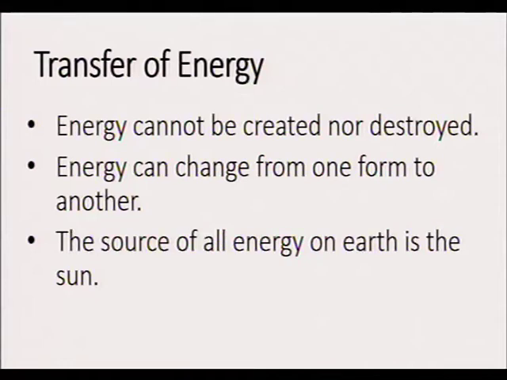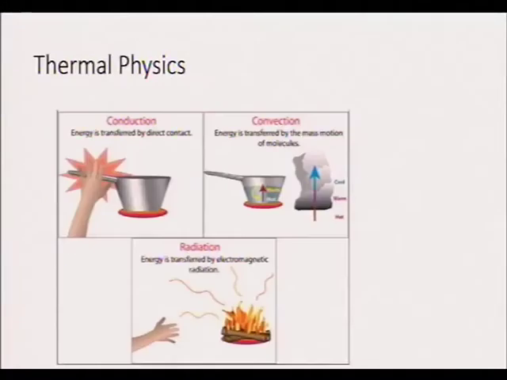Okay, then we have the transfer of energy. Here we have the law of conservation of energy, which means energy cannot be created or destroyed, but it can only be changed from one form to another. This is one of the principles that you need to know by heart and be able to define. And then we come to thermal physics.